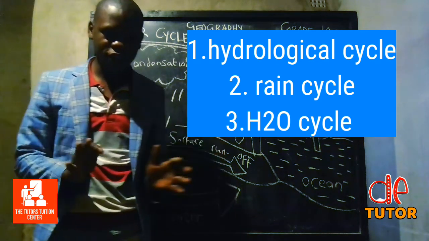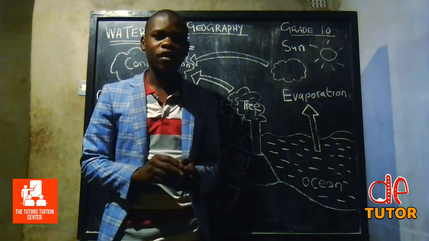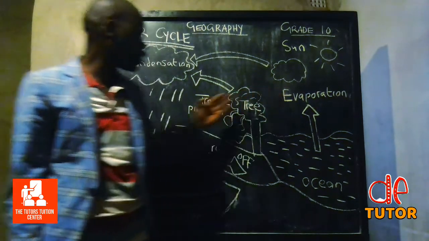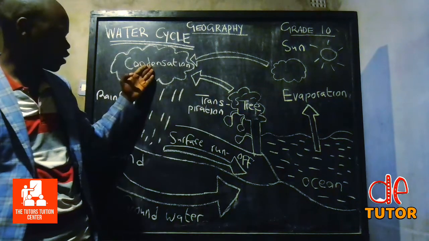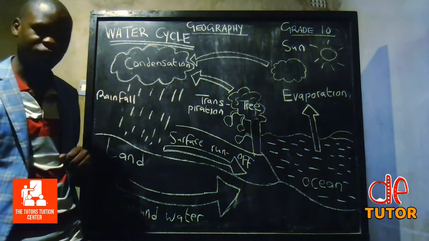This process, which is called the water cycle, involves the following processes. It involves evaporation, transpiration, condensation, and the last one, which is called precipitation.